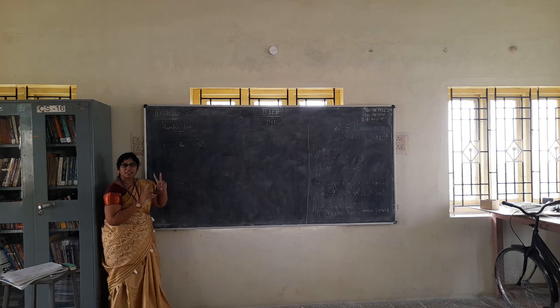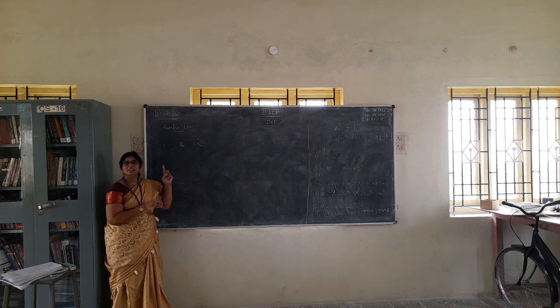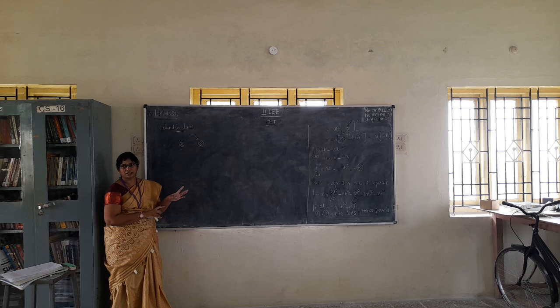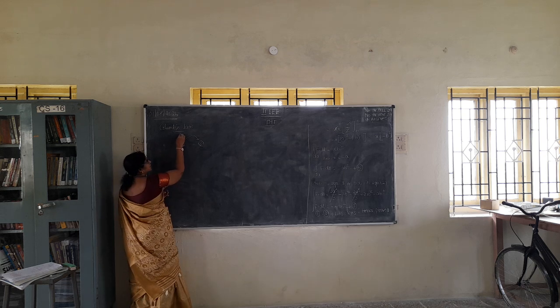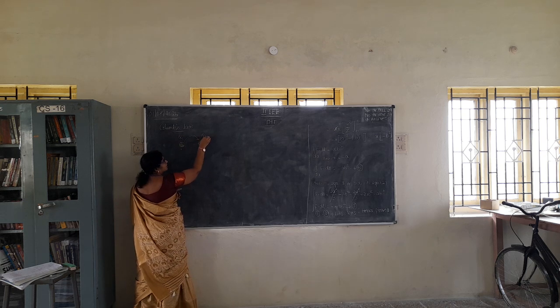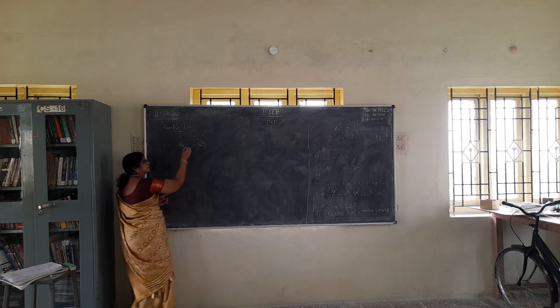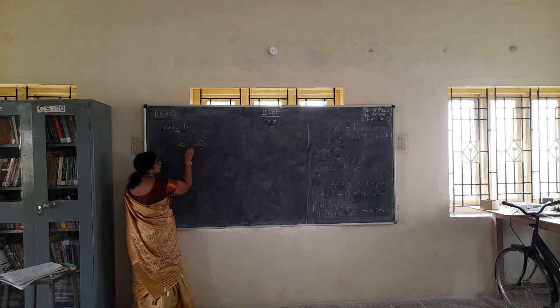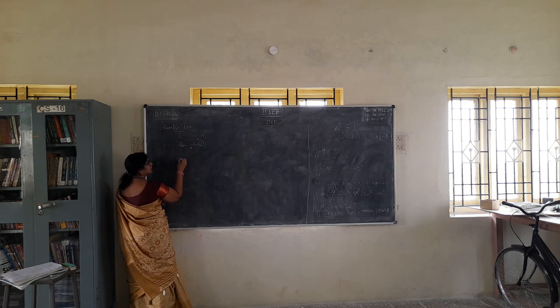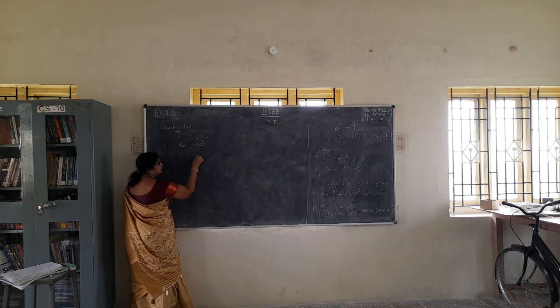So what do I need here? I need two charges. I cannot explain with a single charge, right? So if you are taking this charge as Q1 and the second charge as Q2, separated at a distance of d, then the force will be written as Q1 Q2 divided by d square.